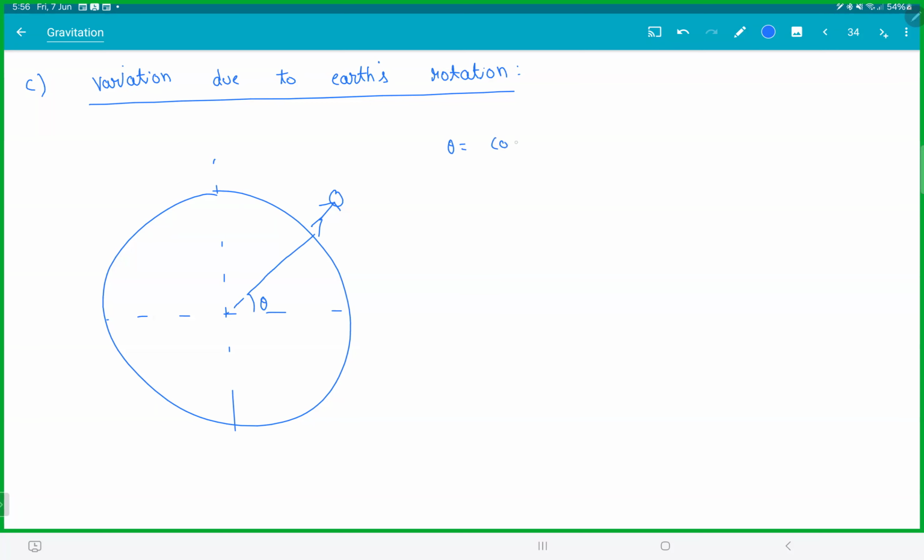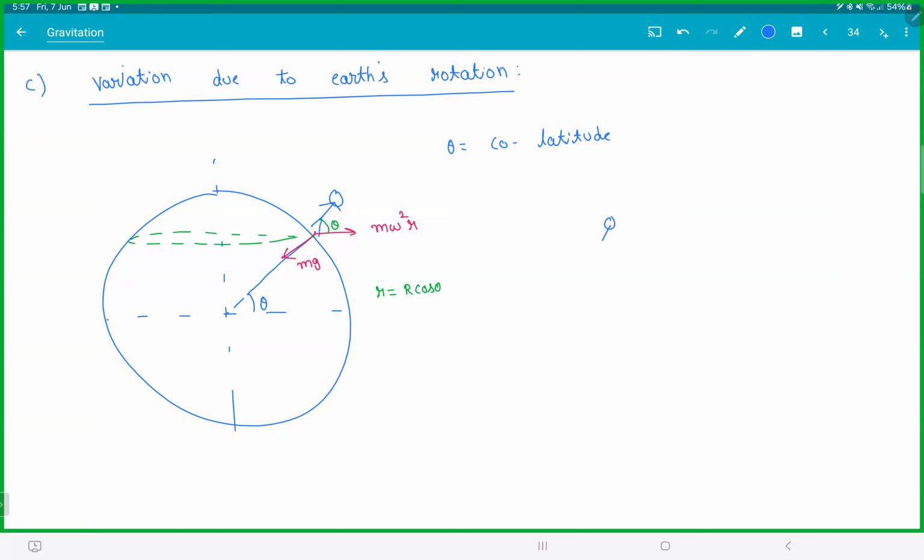If theta is 0, it is the equator, theta 90 is the pole. If you look at the forces, the gravitational force will be toward the center of the Earth, which is mg. The centrifugal force will be away from the axis, which is m omega square small r, where small r is this. So small r will be equal to r cos theta. This angle is also theta.